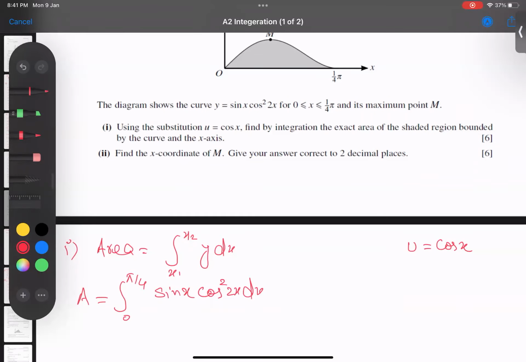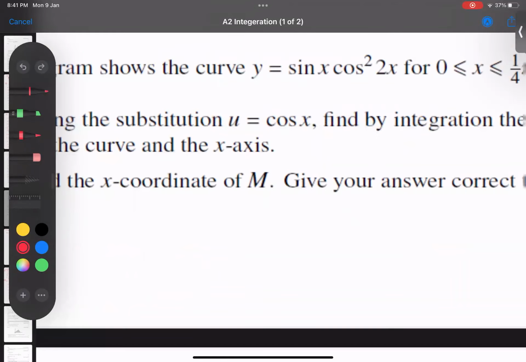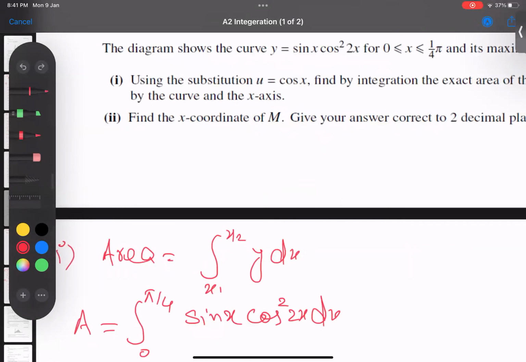Now, first of all, I will convert. Look here, this is given by him. So convert the whole x into u form, and then we'll solve the question. Bismillah ar-Rahman ar-Rahim. So let's see. du over dx gives what?